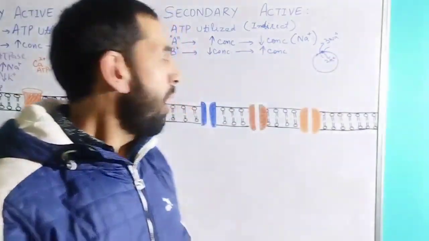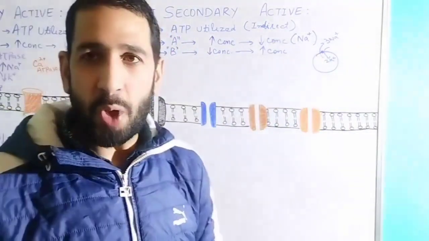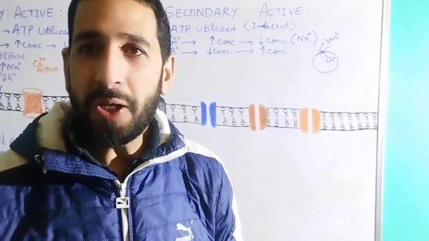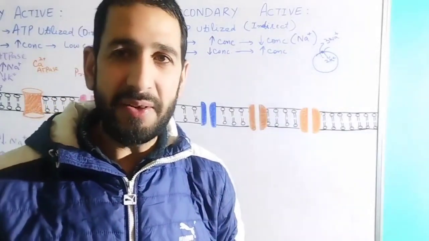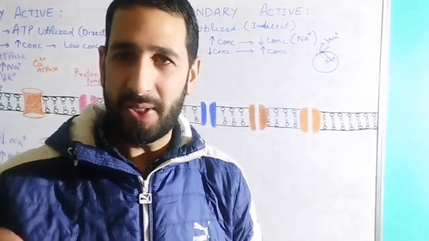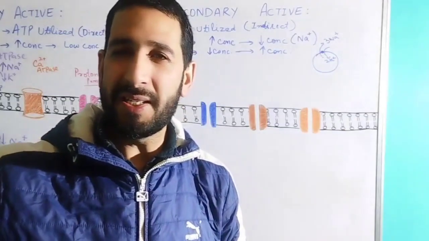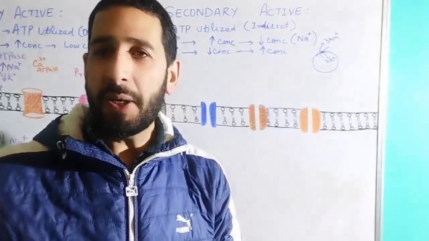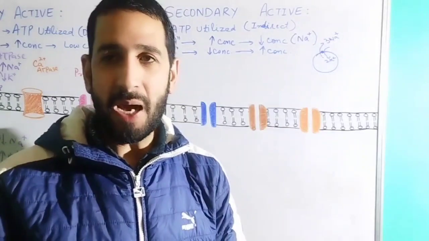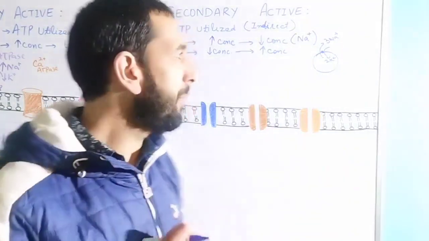Now, what if this sodium potassium ATPase is not working? We will not be decreasing the sodium concentration inside the cell. The sodium concentration inside the cell can increase because we are not sending the sodium ions out of the cell. Now remember that.